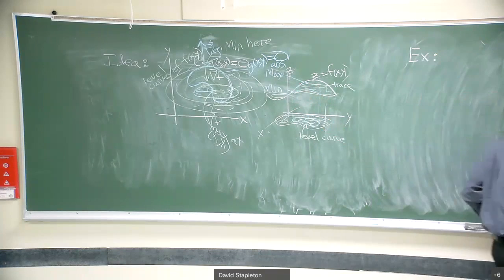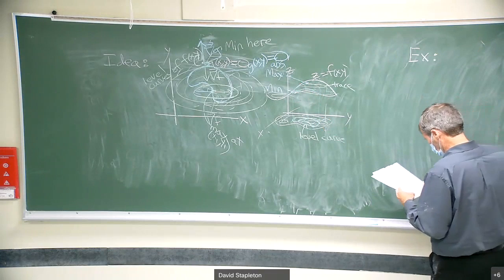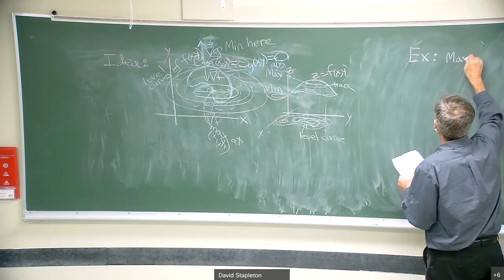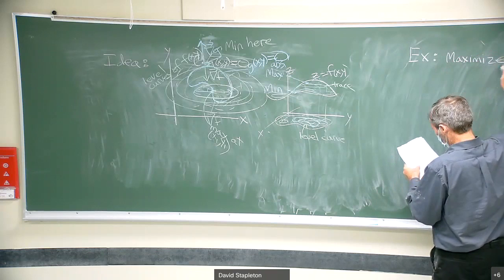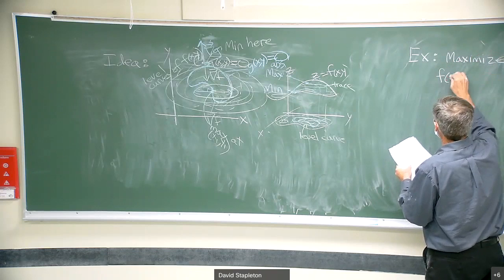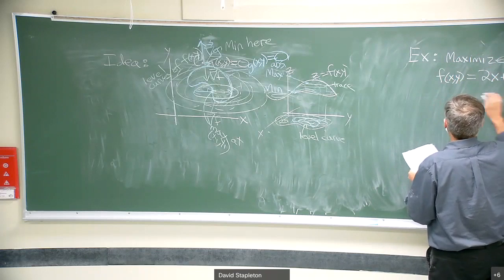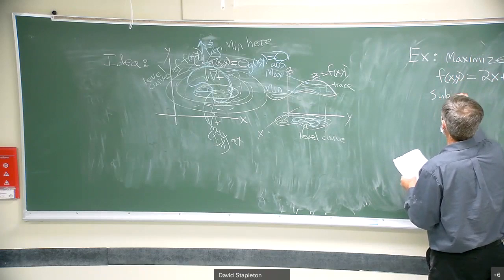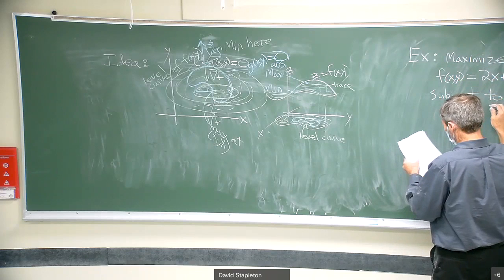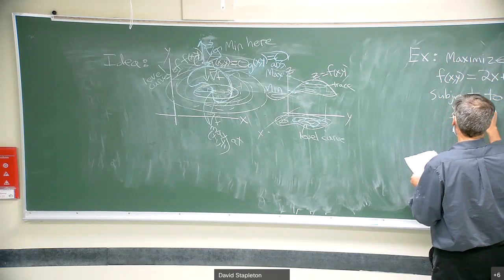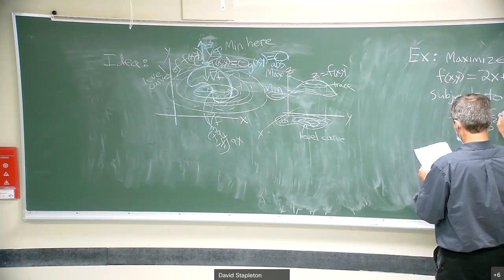And here's a Lagrange multiplier problem. Let's try to maximize the function f of xy equals 2x plus 5y, subject to the constraint that you have to lie on this curve, x squared over 4 squared plus y squared over 3 squared equals 1.